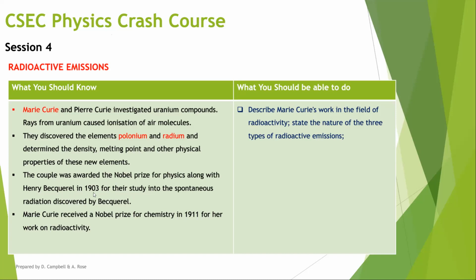They were working with him, but they did a lot of the work in discovering about the radiation. So they got a shared Nobel Prize in 1903. Then Marie Curie got another Nobel Prize, for chemistry this time, in 1911. This shows how important the work that she did was. It's actually on your syllabus, so you need to know how to describe Marie Curie's work in the field of radioactivity.